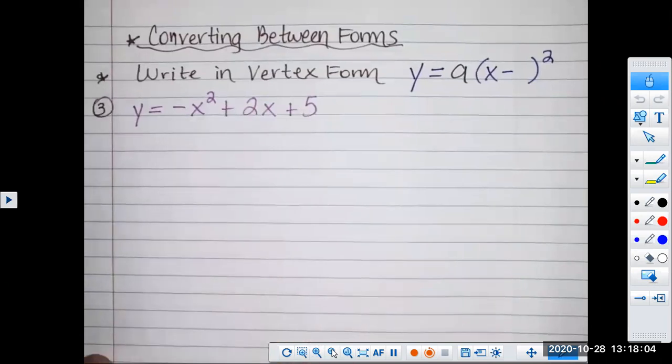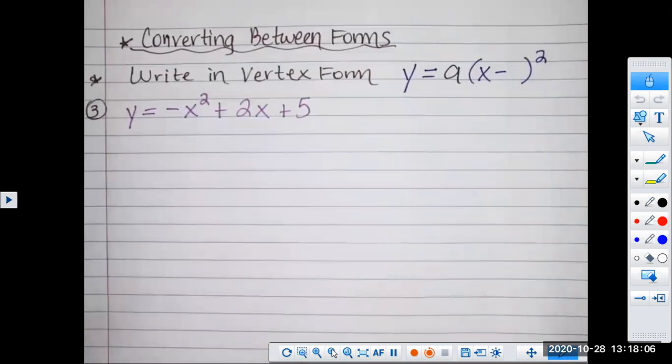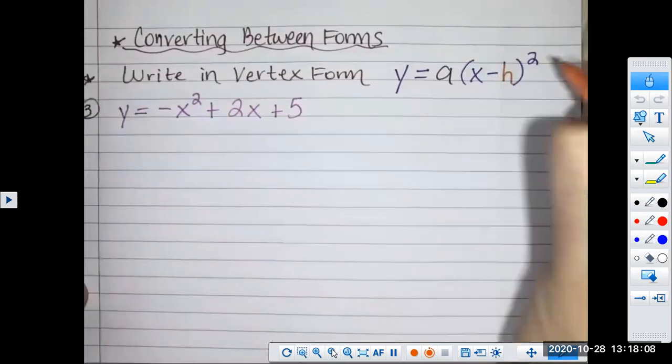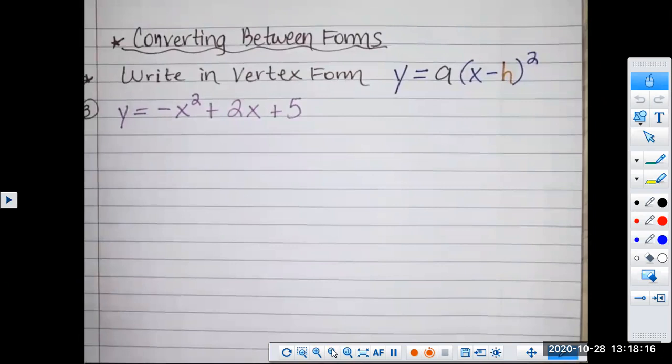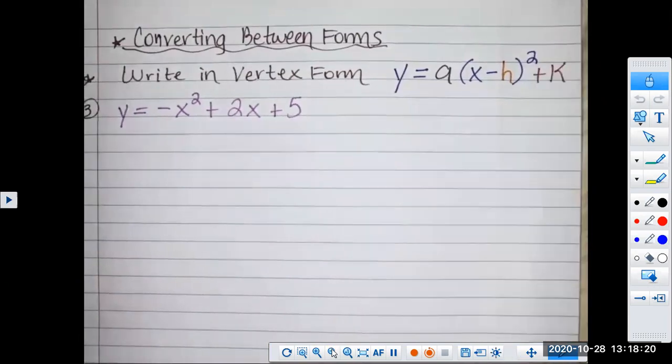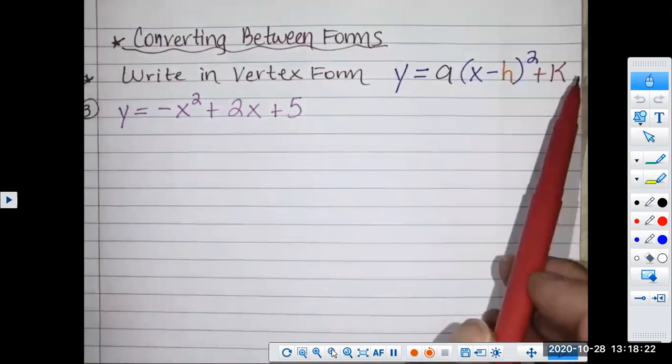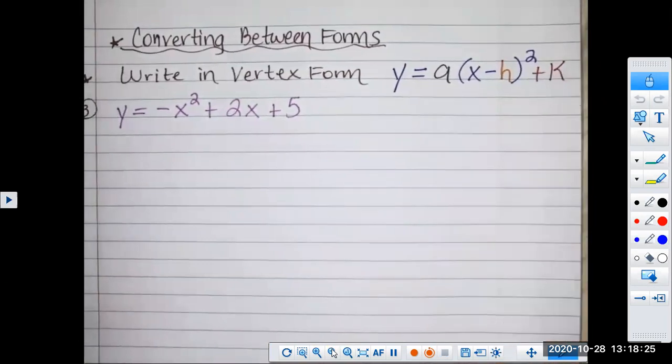We need H, and we obtain H, or the x coordinate of your vertex, by the formula. And we also need, what else? We also need K, but that comes from the y coordinate of your vertex.